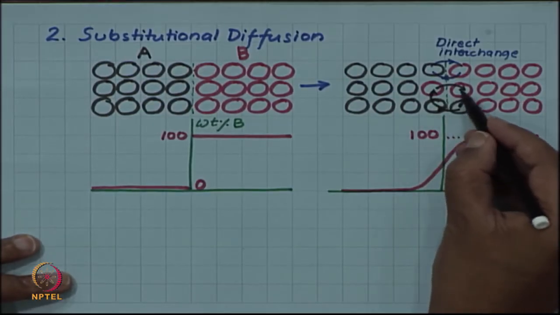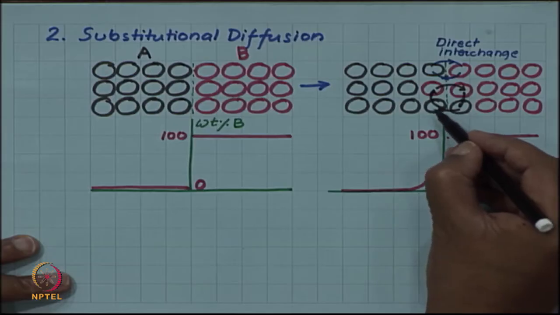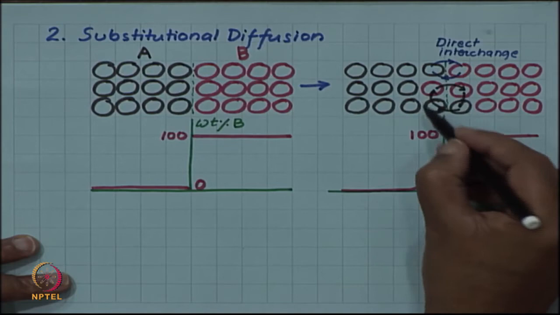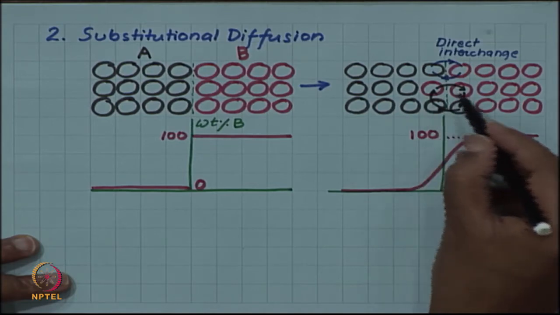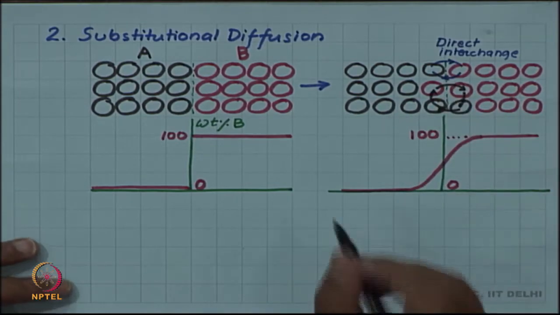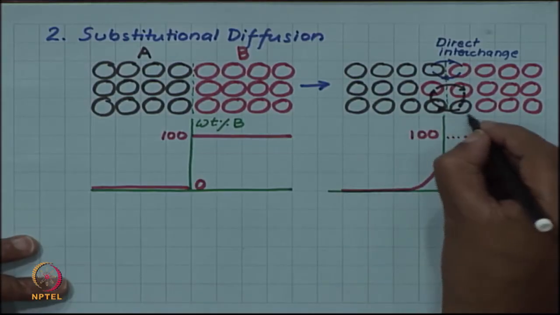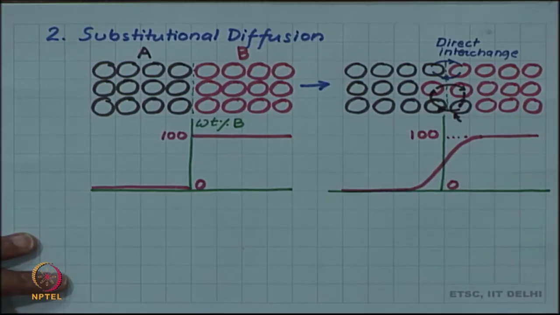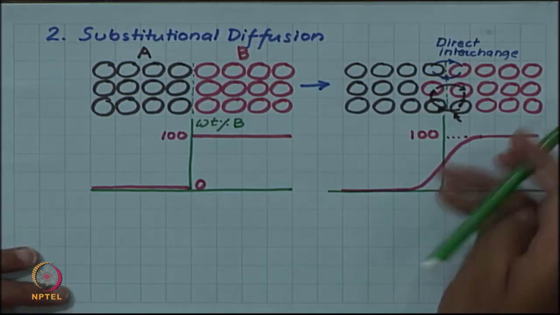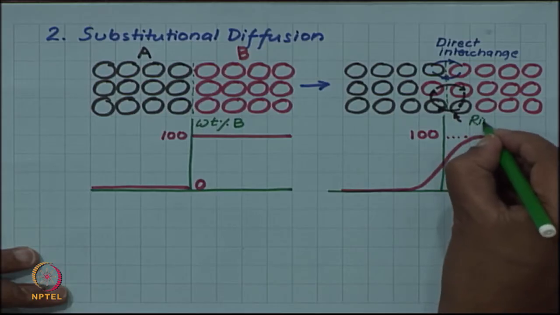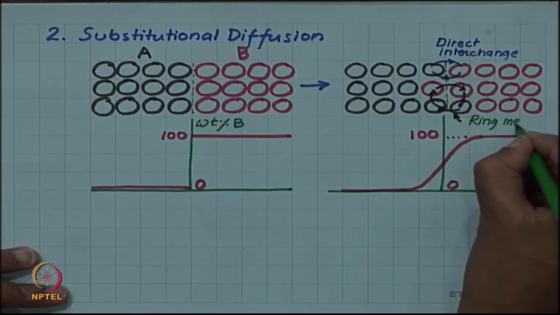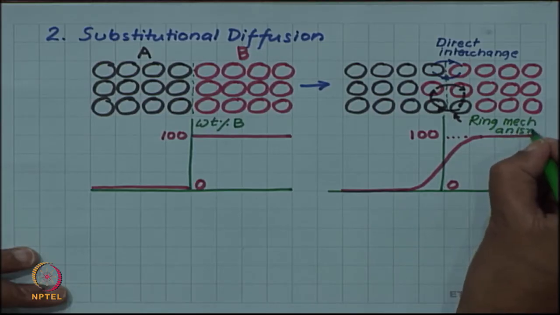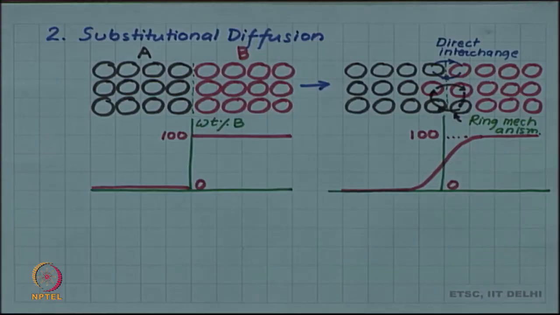So, one goes to the second position, second goes to the third, third one to the fourth, and fourth one may come back to the first one, and in this kind of ring if they move, then the positions will interchange and atoms will move to different locations. So, this mechanism is the ring mechanism. But we will not go into the details.